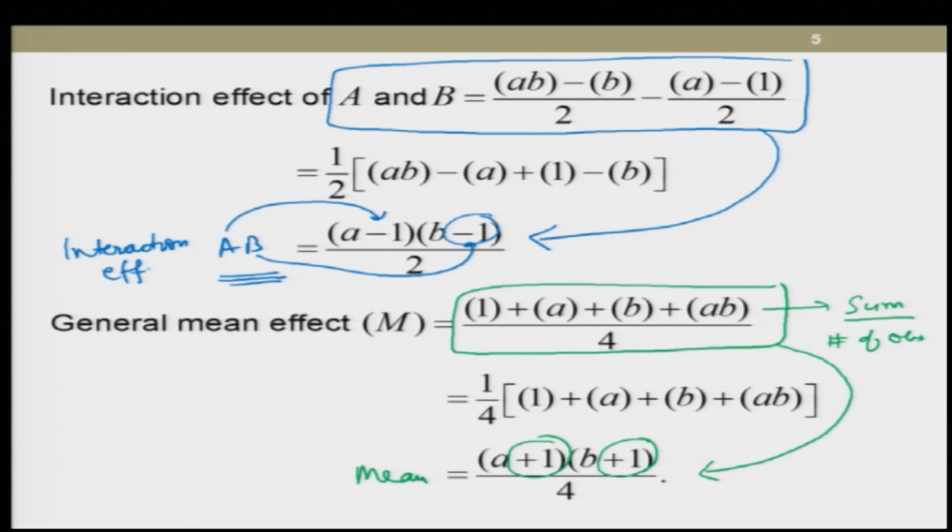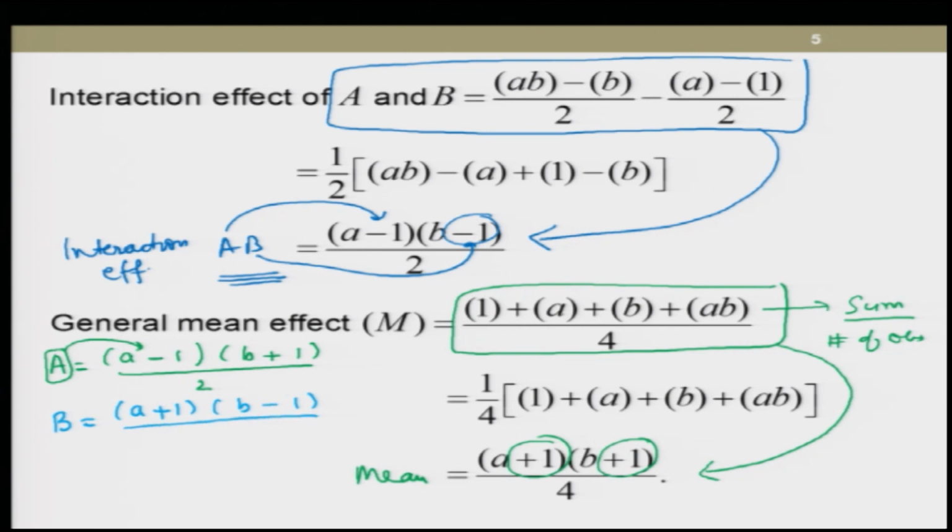So this is what we have now understood. If I want to write about A, I write A 1 and B 1 divided by 2, and since A is appearing here, I write A minus 1, and B is absent, so I write B plus 1. Similarly, for B, I write A 1 B 1, and since A is absent, I write plus 1, and B is present, so I write minus 1, divided by 2.